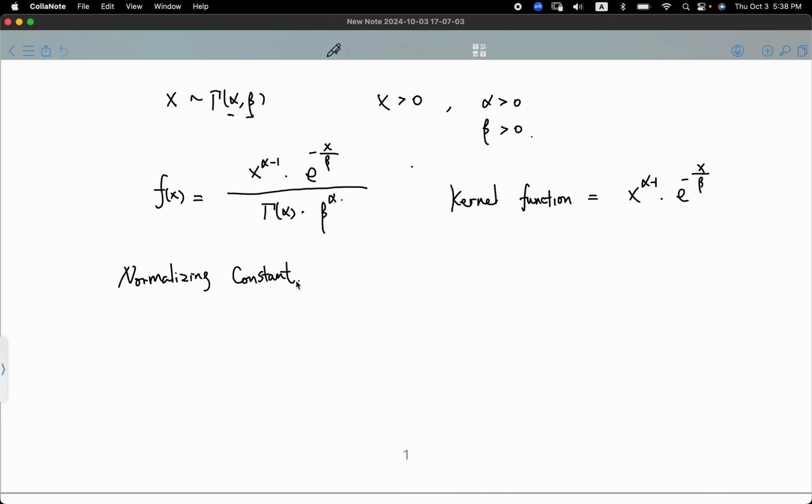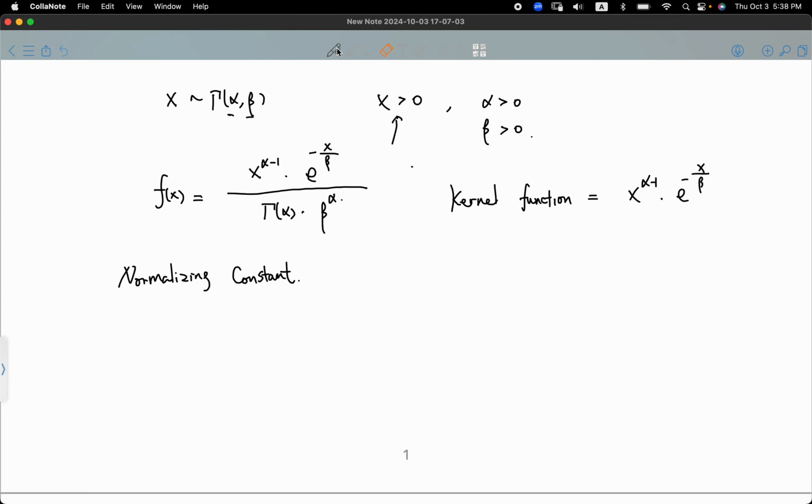If you want to integrate over everything and get 1, you need to divide your kernel function, in this case, by this part, which we call the normalizing constant. After you integrate that over all of your support, you will get an area under the curve equal to 1. That is the purpose of the normalizing constant.